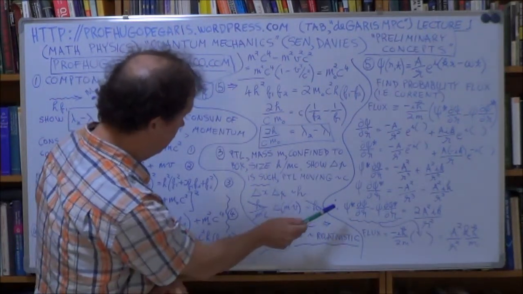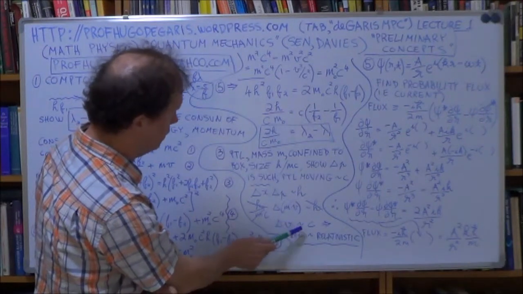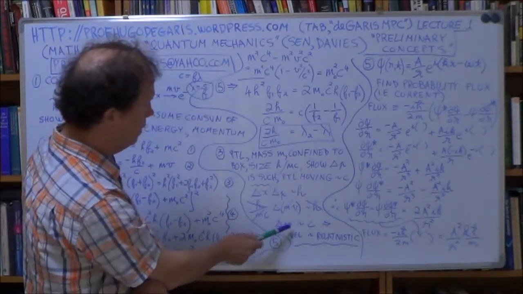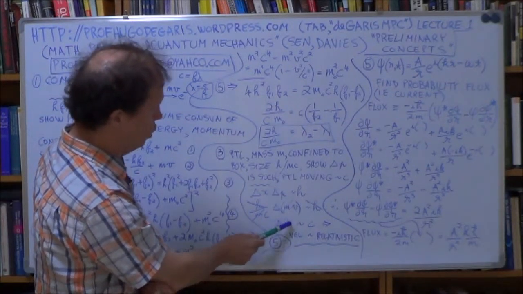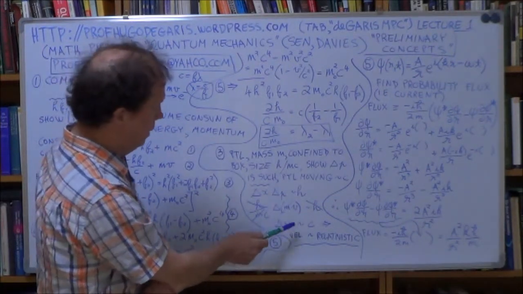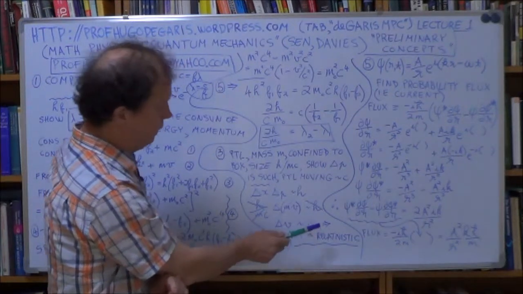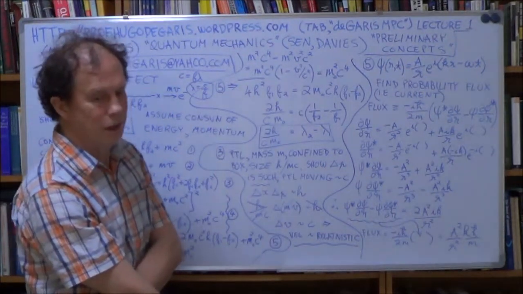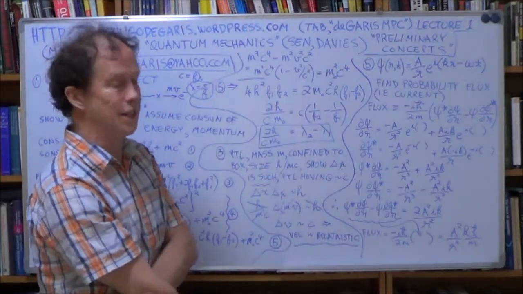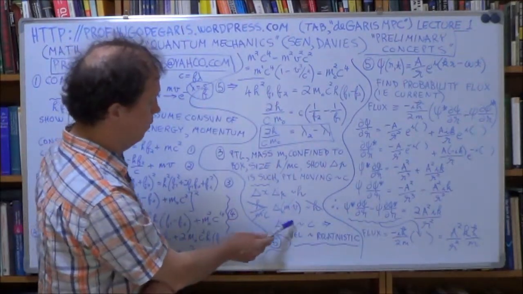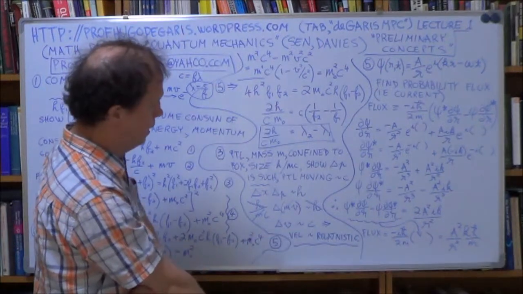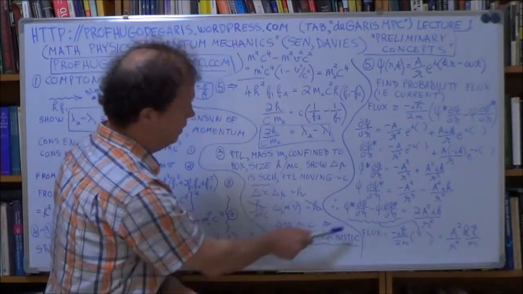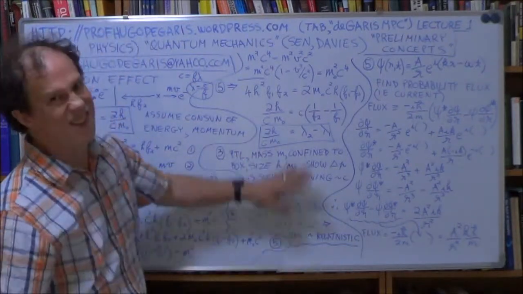So take the c over, and you've got the uncertainty in the velocity is about c, the speed of light. That means you're not sure what its velocity is. So that particle could be moving very fast, because the uncertainty in velocity is of the order of c. In other words, the velocity is more or less relativistic. So that's pretty easy.